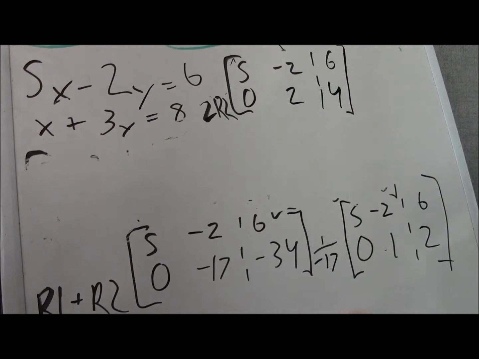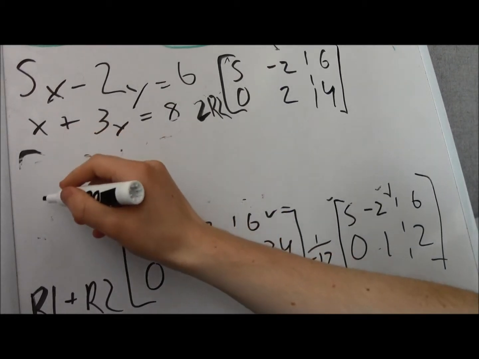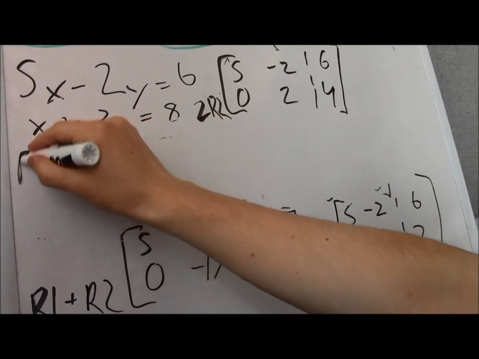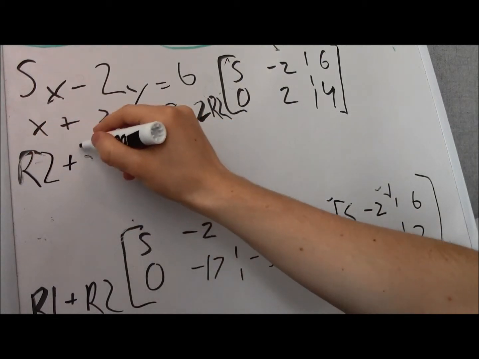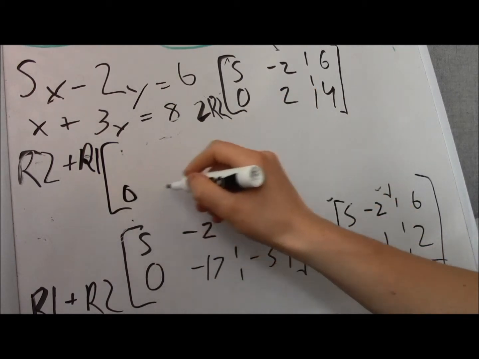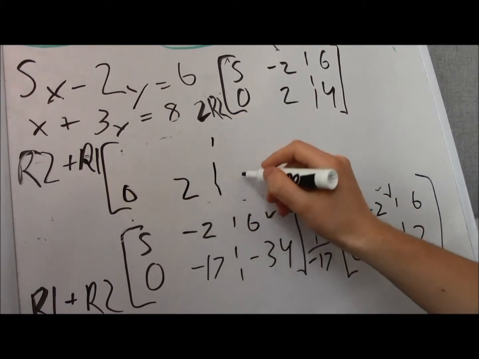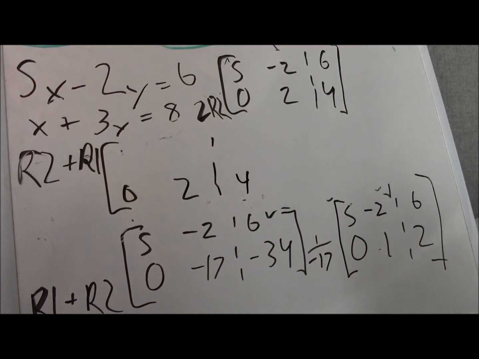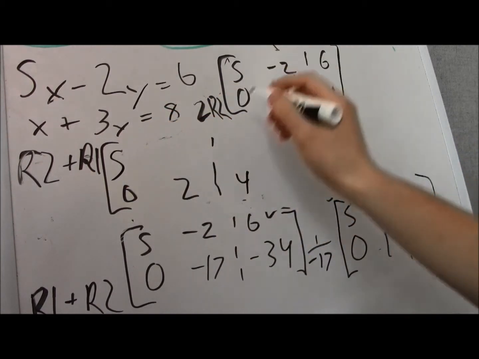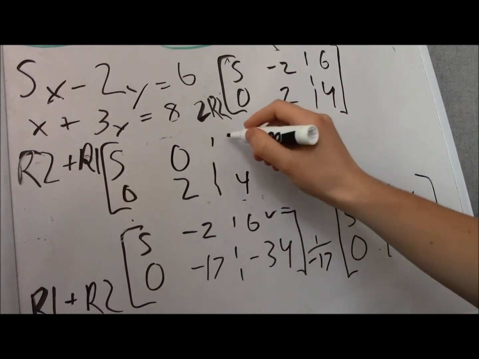Then you get to add the rows. So this time we're adding them into the top row. So add row 2 to row 1. This row doesn't change, but the top row changes. 5 plus 0 stays as 5. That's a 0, and that's a 10.